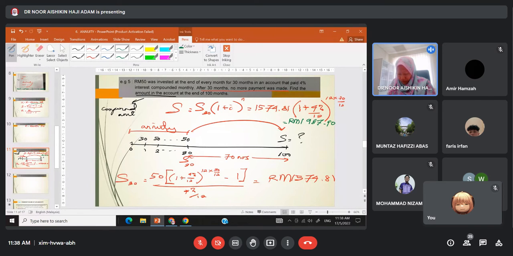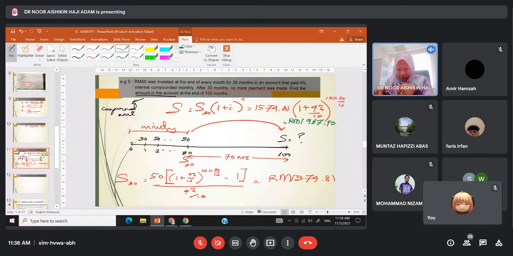So it becomes 1574.807197. On paper, you give the value as 1574.81.